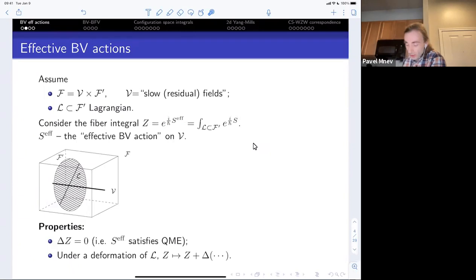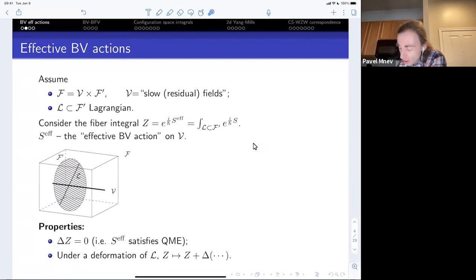Okay, so now this construction has some properties. One property is that, provided that S itself satisfied the master equation, then the effective action will also satisfy the master equation, which you can also write as: this object is killed by the BV Laplacian.